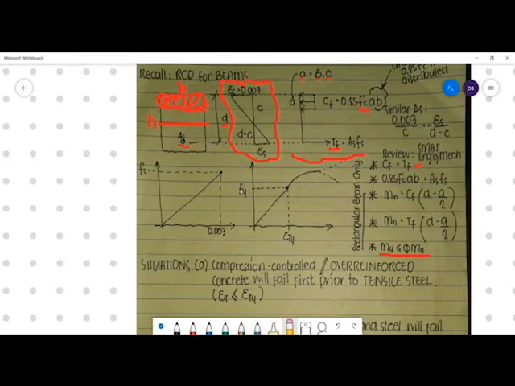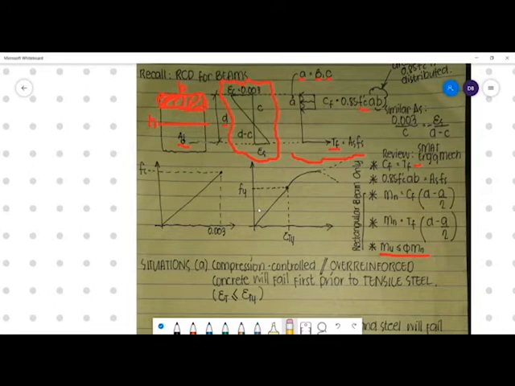Pero on compression controlled or over-reinforced design, we have found out that the strain of concrete will be reached to its limit first bago pa ma-reach ng steel yung kanyang required strain.